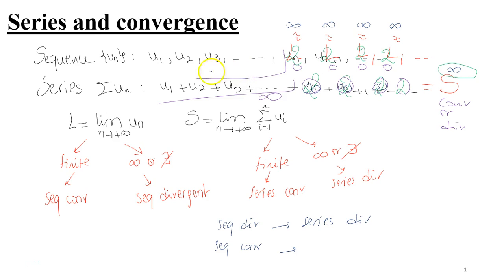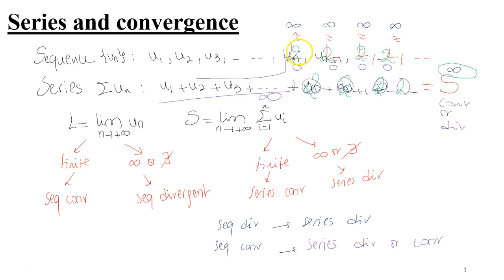So in fact, when you add the terms before that rank, these could have an infinite sum, and in that case, the series could be divergent. So when a sequence is convergent, it would in fact imply that the series is divergent or convergent.